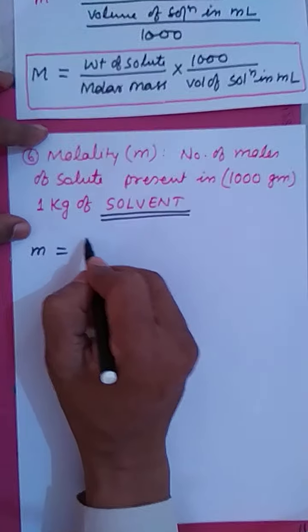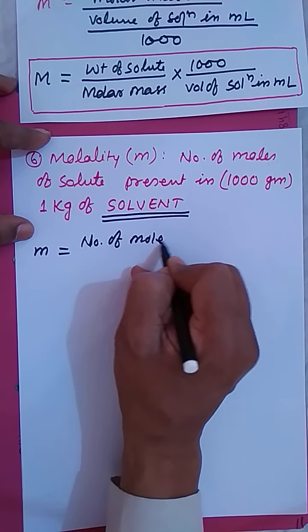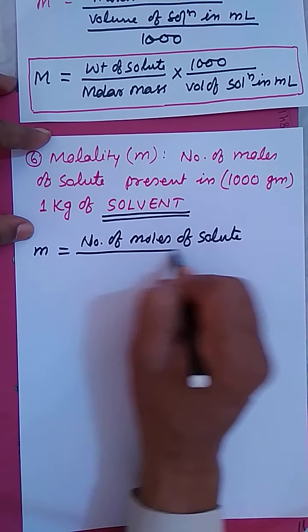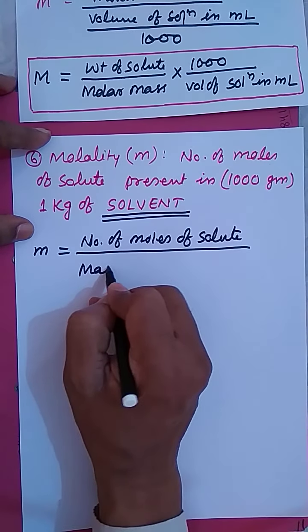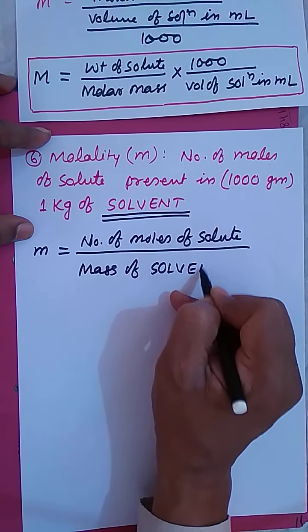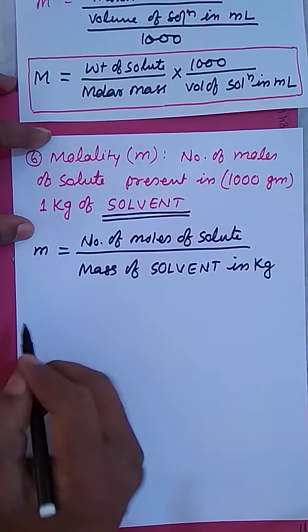m is equal to number of moles of solute upon mass of solvent in kg, right?